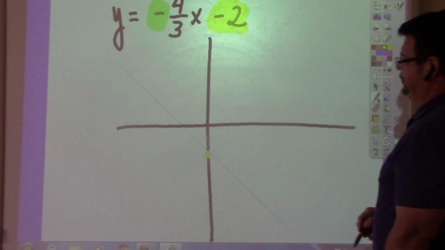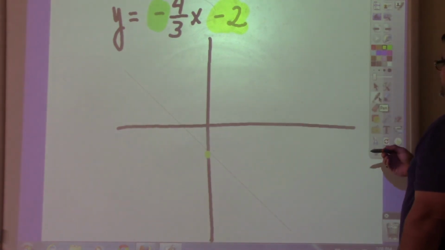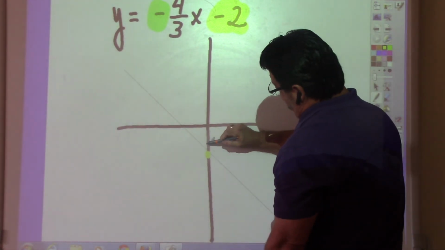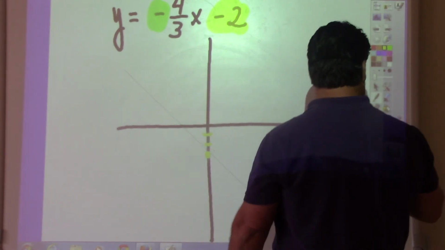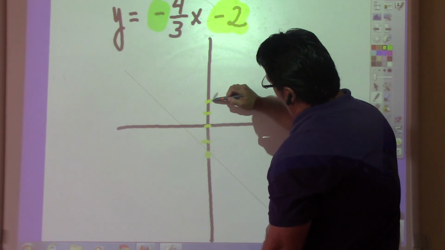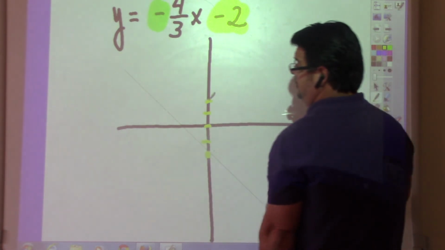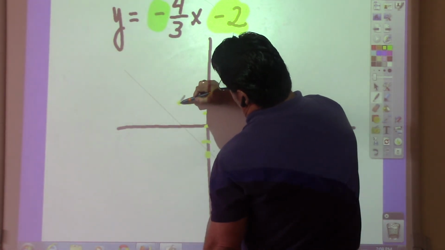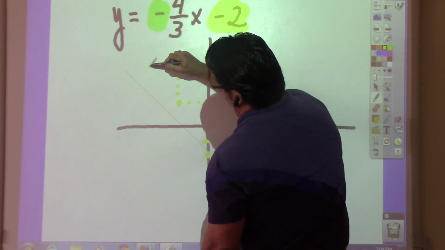And then 4/3. So let's say I want to go up, because most people think you have to go down because there's a negative. That's not right. Go up 4. 1, 2, 3, 4. Where's my trace line? Is it over here or is it over here? It's over there. So you go over 3. 1, 2, 3. 1, 2, 3, 4.